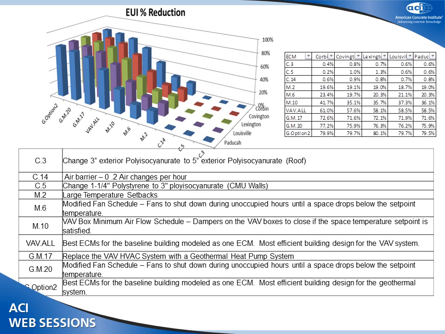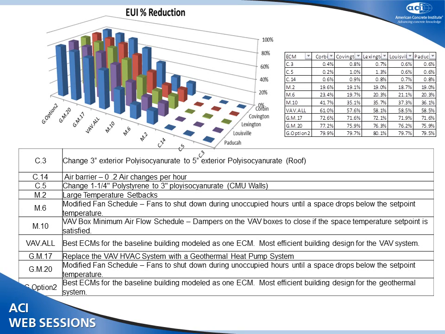The C measures here, C14, C3, etc., are improvements in the envelope of the building, whether it be increasing the R value in the insulation in the walls or in the roof, etc., or in the air barrier, making it more airtight from the code minimum. You find that they have very, very little effect, small bars that go up.